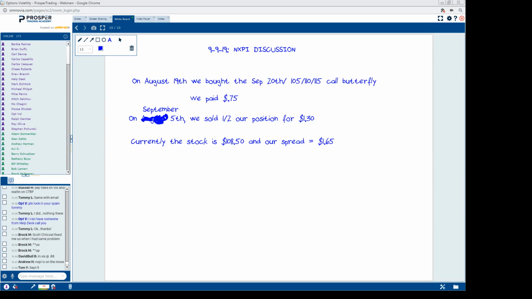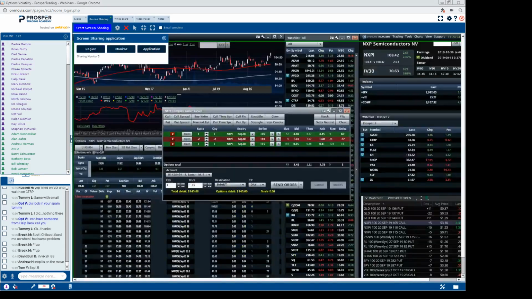And secondly, how do we determine how much intrinsic and how much extrinsic value is in this thing, and what we do from here to evaluate where we may want to exit, where we may want to wait, etc. So first off, can anybody tell me how much premium is left in the value of this butterfly? How would we determine that?